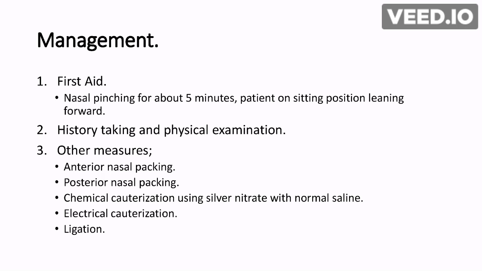So the third and last part is other measures, which include anterior nasal packing, posterior nasal packing, chemical cauterization, in which they use silver nitrate with normal saline. This chemical helps in coagulation and facilitates clotting. Then electrical cauterization, in which they use electricity by an instrument called a diathermy and causes coagulation by electricity.